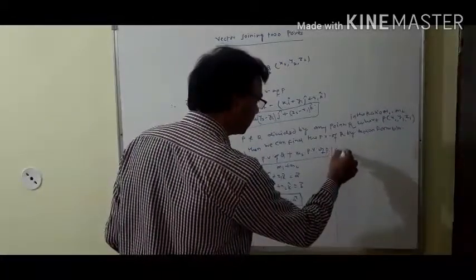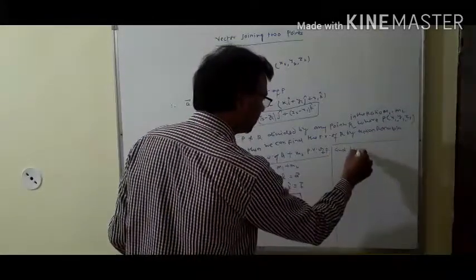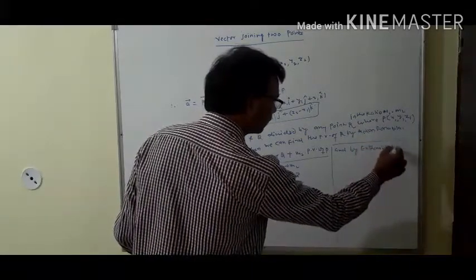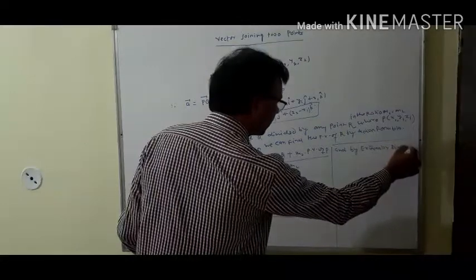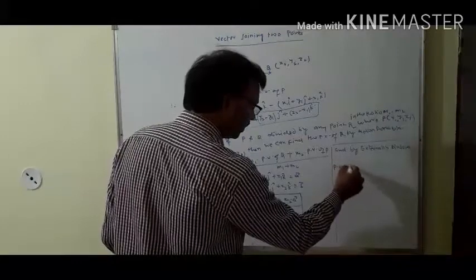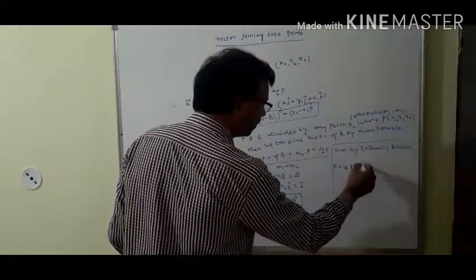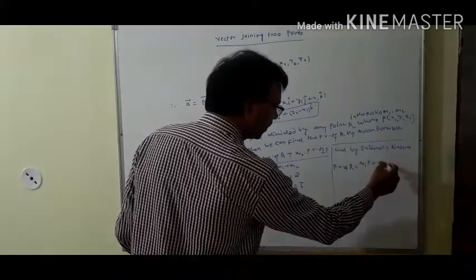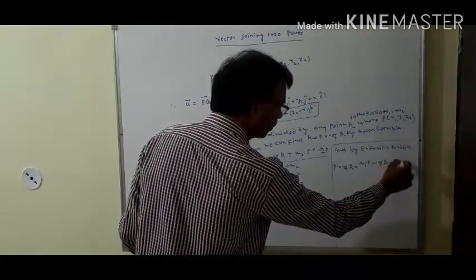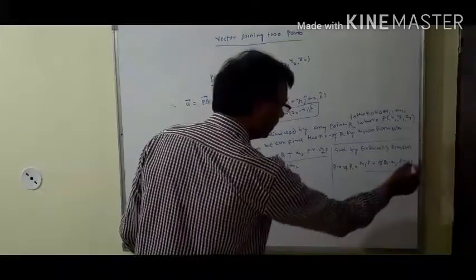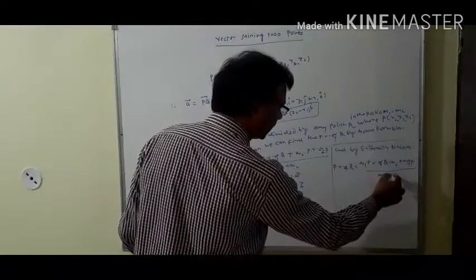In the external form, we can write position vector of R equal to m1 into position vector of Q minus m2 into position vector of P, whole upon m1 minus m2.